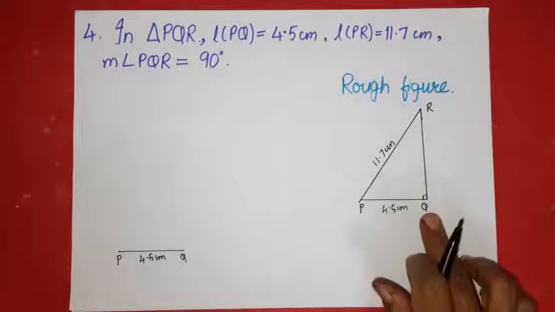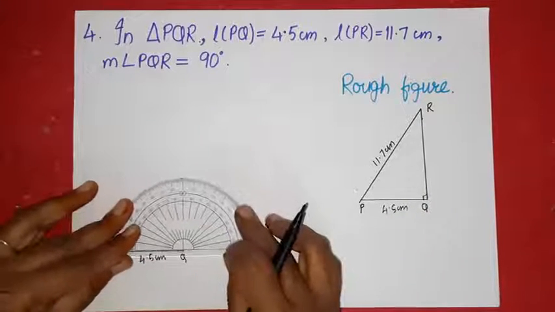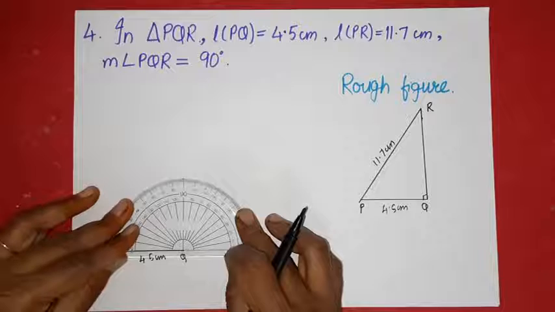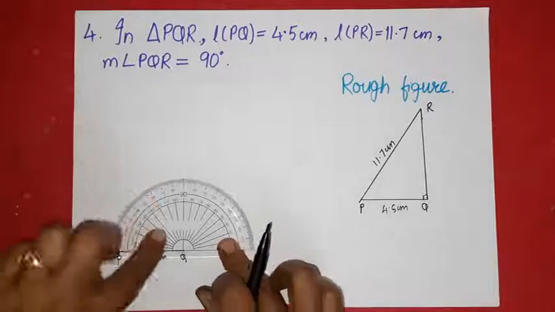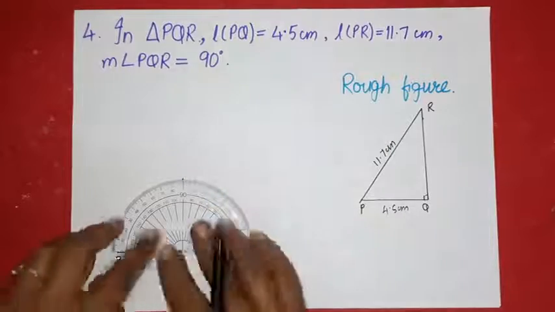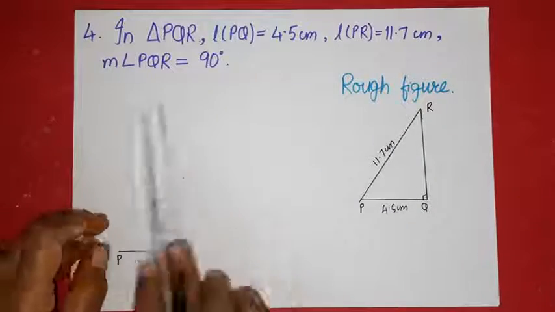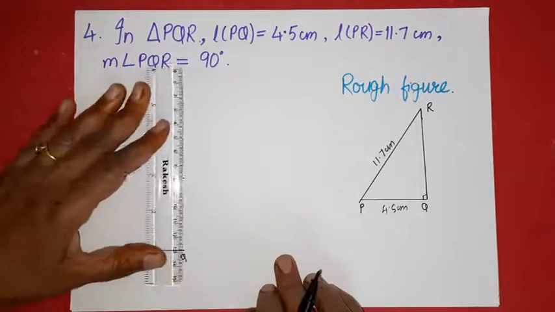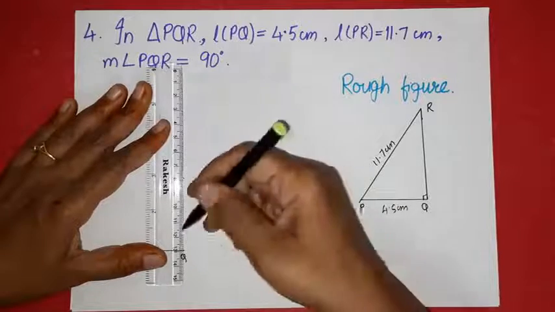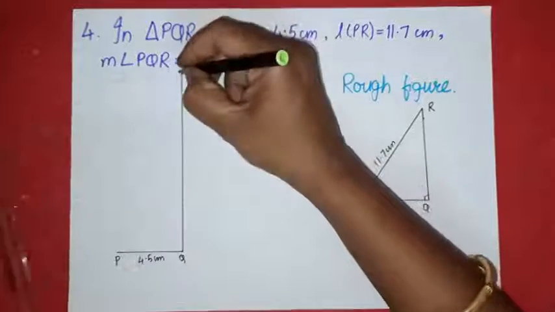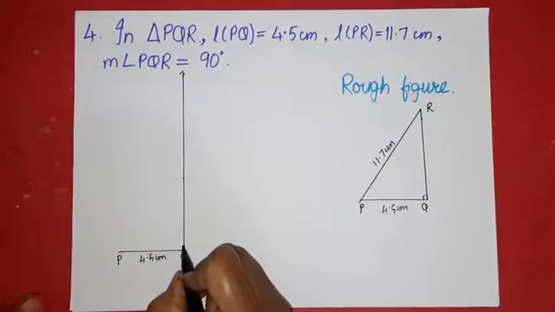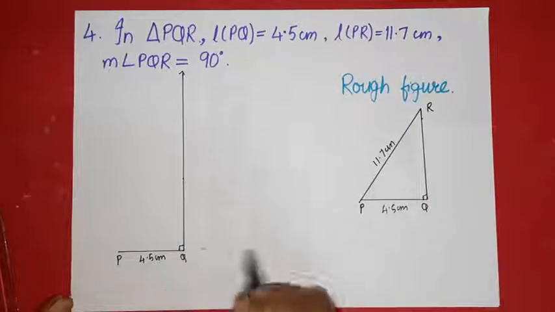Now we will draw the right angle at vertex Q. So put the origin of the protractor on the vertex Q, match the reference line with the segment. Put the dot for 90 degree. Now draw the ray starting from vertex Q. Put the symbol of right angle here.